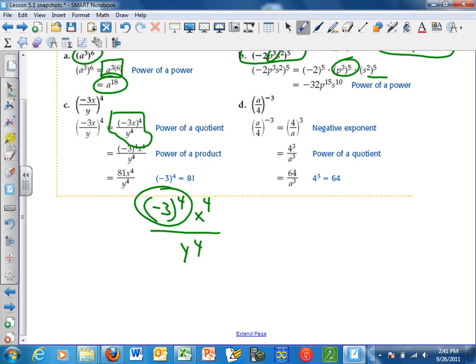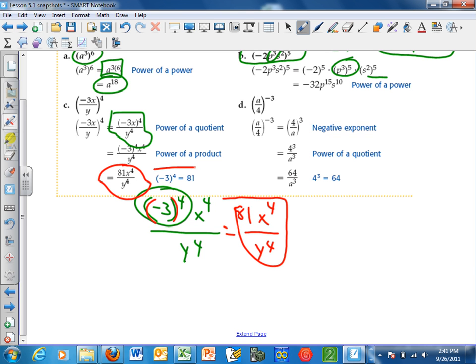If it's a number to a power, though, we actually need to do it, or we can simplify it, and notice you put it in parentheses, that would be a positive 81, and then you'd have x to the 4th over y to the 4th, which is what they got right there. Okay, remember to put it in parentheses when you're raising it to a power.